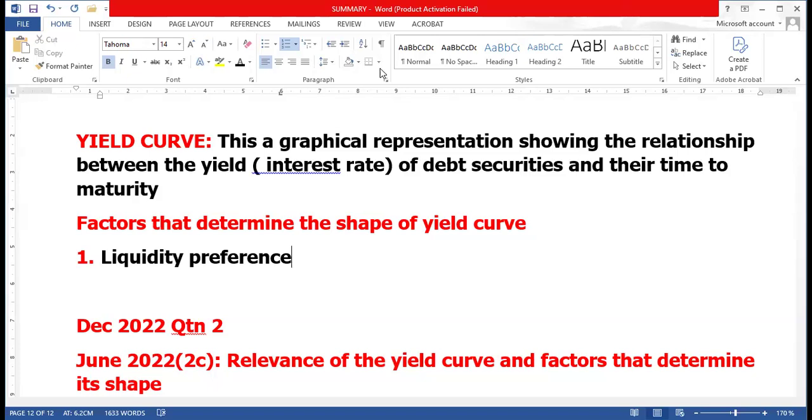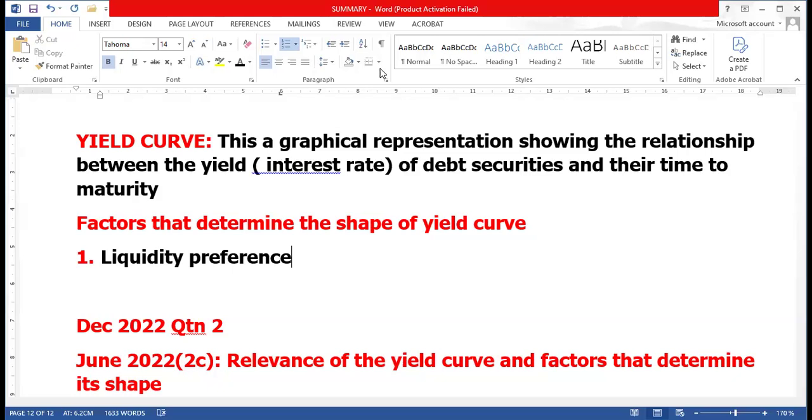That is from the investor's perspective. To persuade those investors toward long-term securities, you, the issuer, must offer a liquidity premium to compensate such kind of investor.